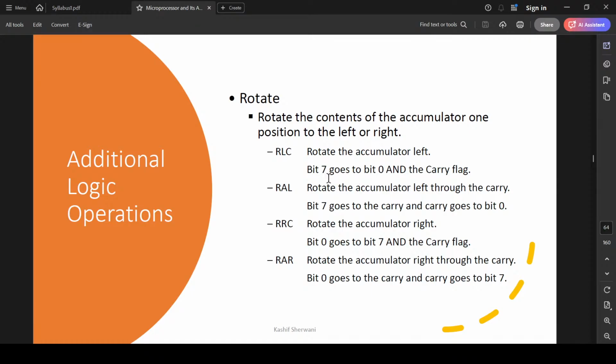Bit 7 goes to bit 0 and it gets operated with the carry flag. And RAL is when the accumulator rotates and the bit 7 value goes to carry, and the carry goes to bit 0.